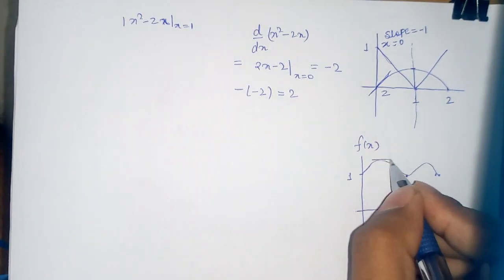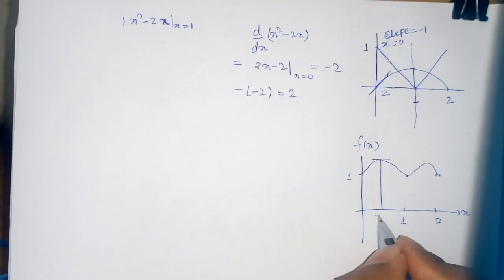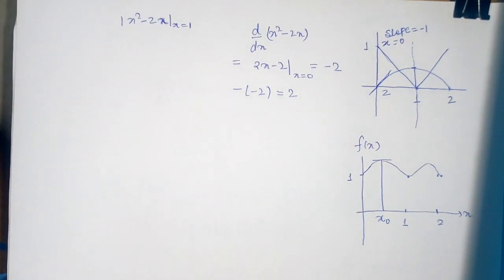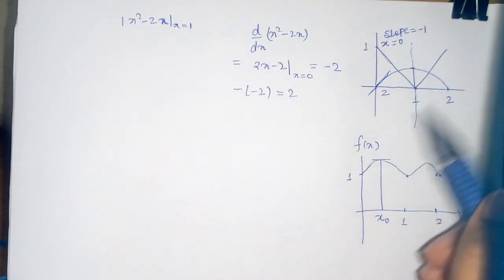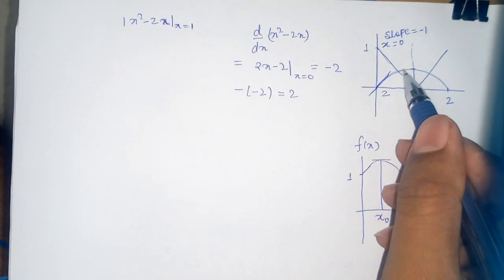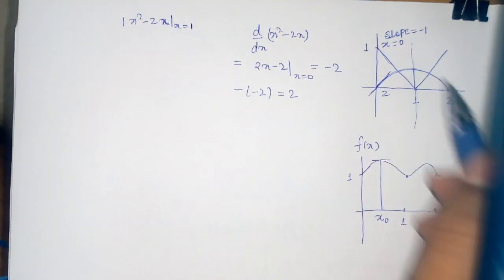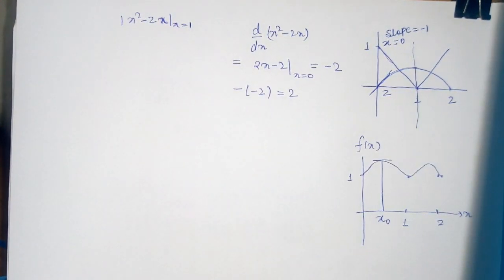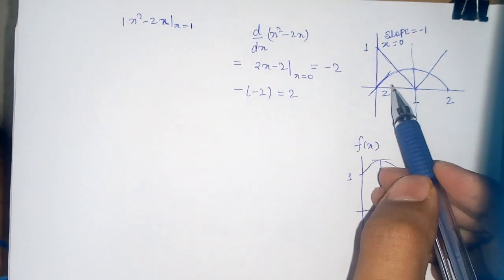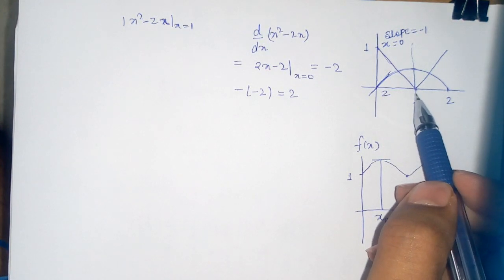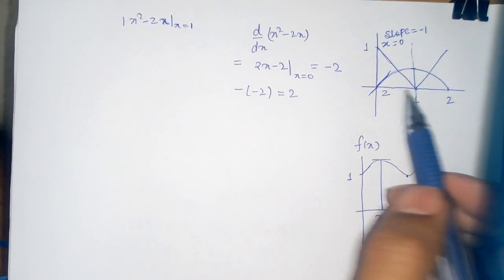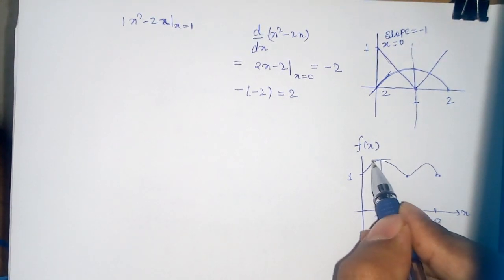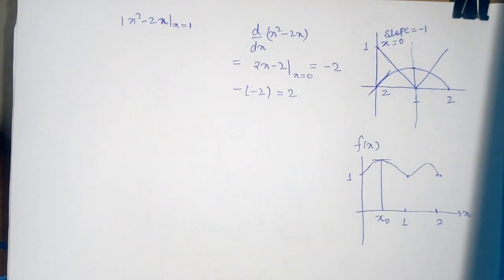So we have to find the value of x where it attains its maximum. Let's call it x0. x0 is the point where the slope of this curve is equal to the slope of this curve. So at that point, the rise in this part is equal to the fall in this part, so that the net effect of these two is 0. So at that point, f(x) would achieve its maximum.